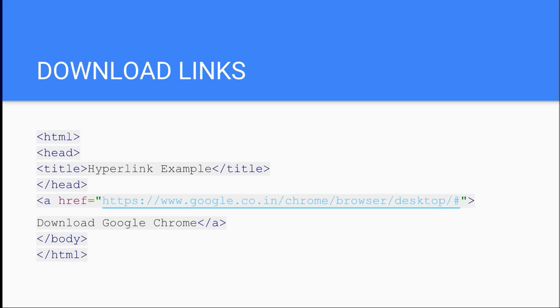The next topic is download links. We can create text links to make our PDF or zip files downloadable. This is a very simple process. You just need to give the complete URL of the downloadable file, as I mentioned in the following example.